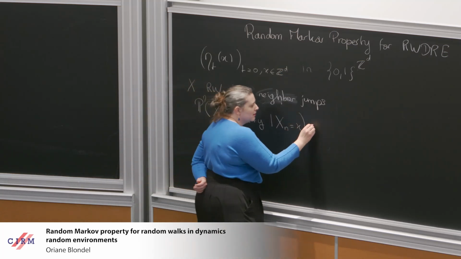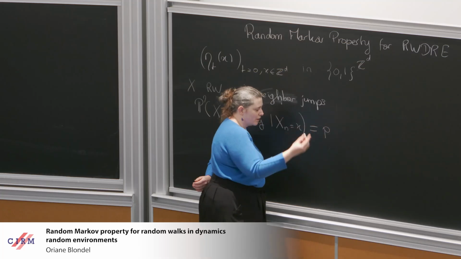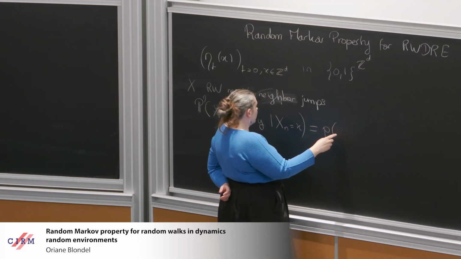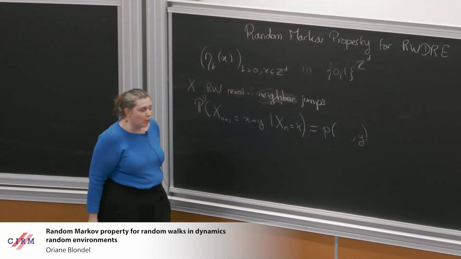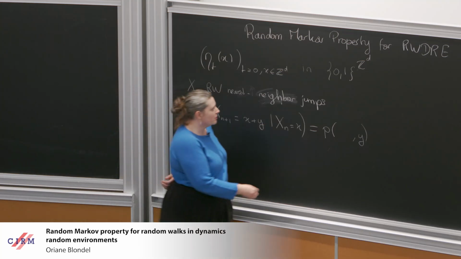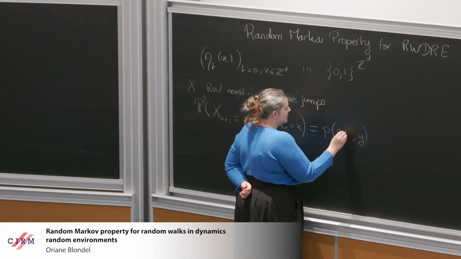That's going to be some kernel, a transition kernel, depending on y, so that's the probability to pick y, but it's going to depend on the environment under your feet, on this environment process that Daniel introduced last time.